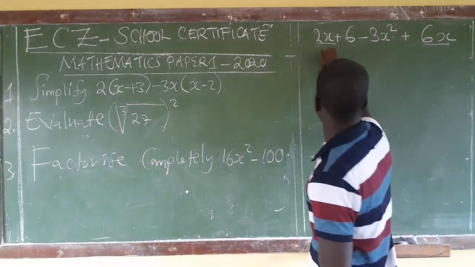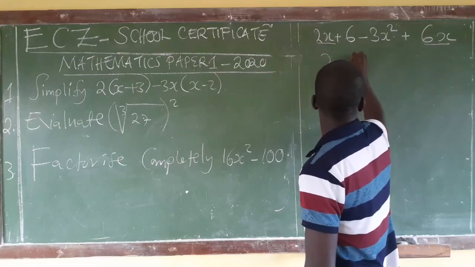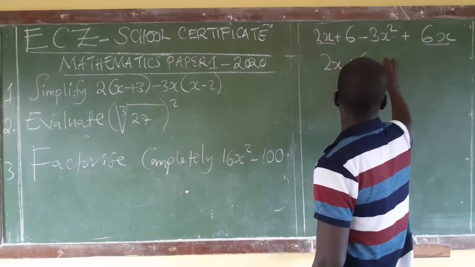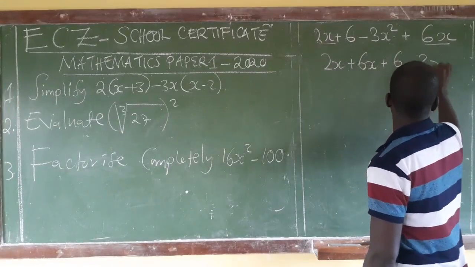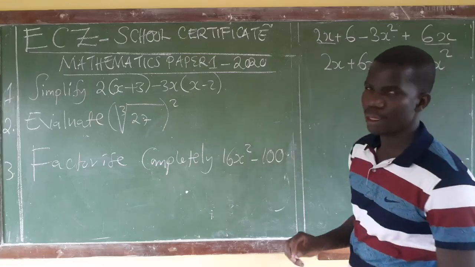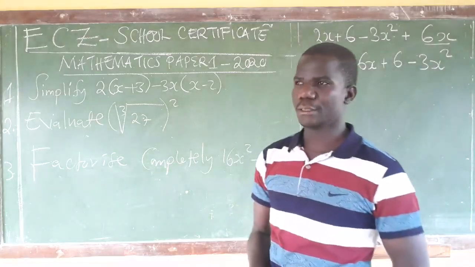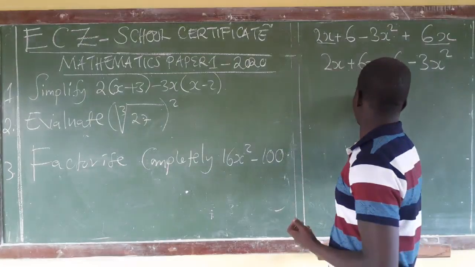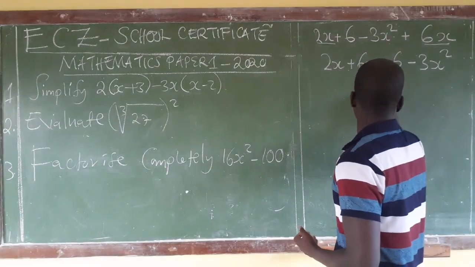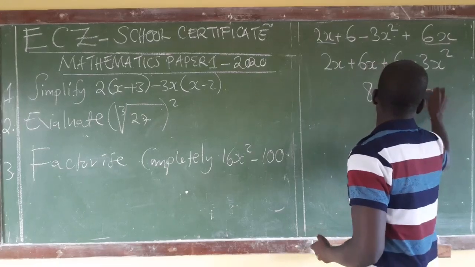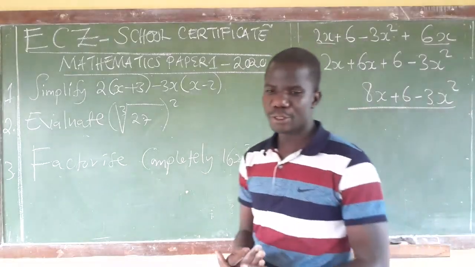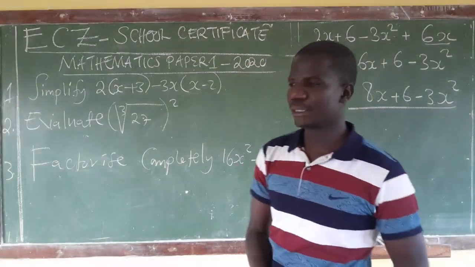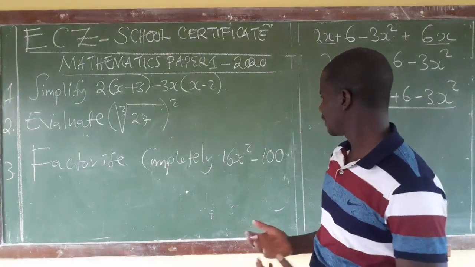So we want to say 2x plus 6x plus 6 minus 3x squared. We put the like terms together, which gives us 8x plus 6 minus 3x squared. This is what is going to be our answer to the first question.